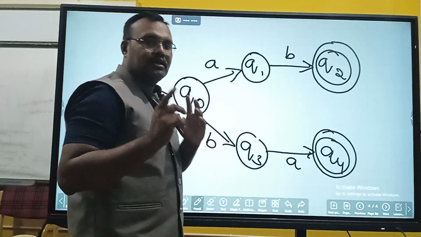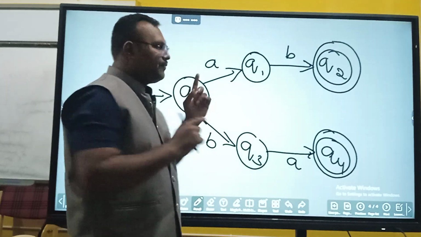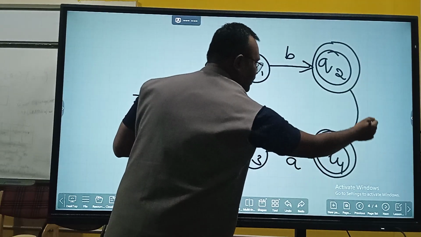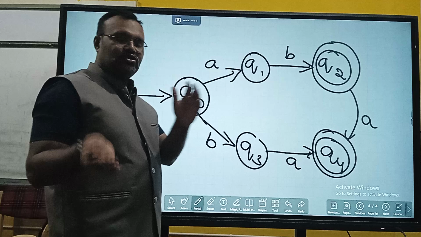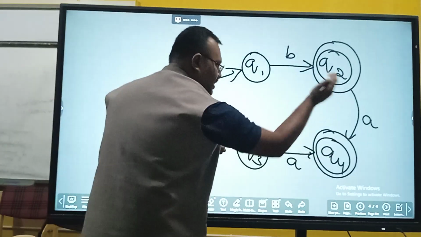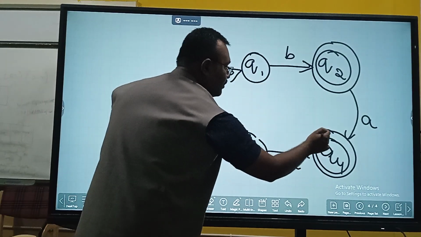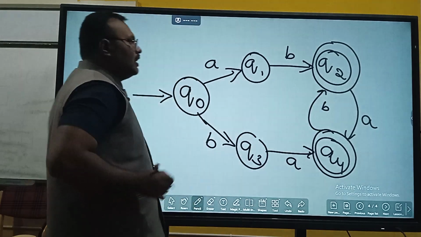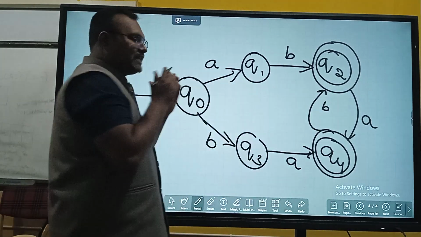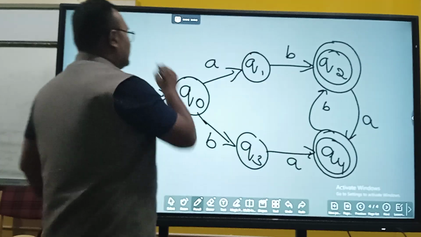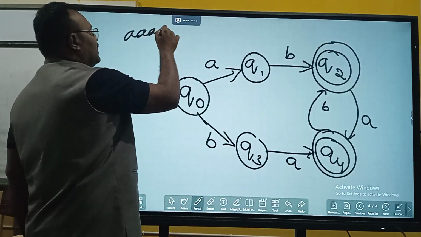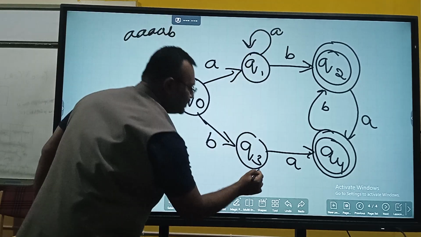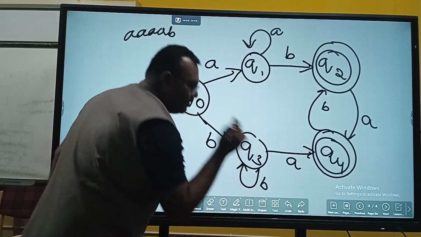Now the string, suppose if I take ABA, A is there, B is there. So for A, I will give it here. Similarly, it's opposite. If I have BAB, BA, from here I will give B. So ending with BAB. Now, what if the string is starting itself is multiple number of A's? That is A, ending with B. So for that I will give a self loop here for A. Similarly, I will give a self loop here for B.